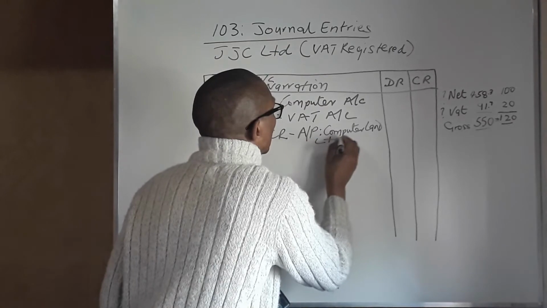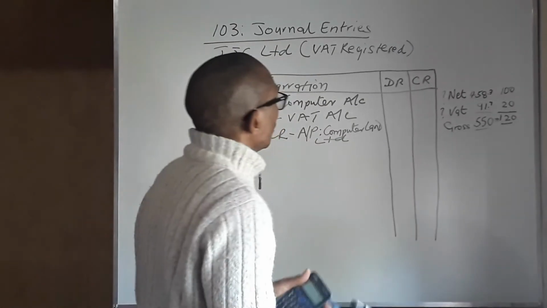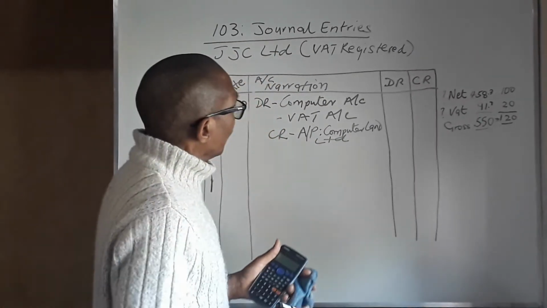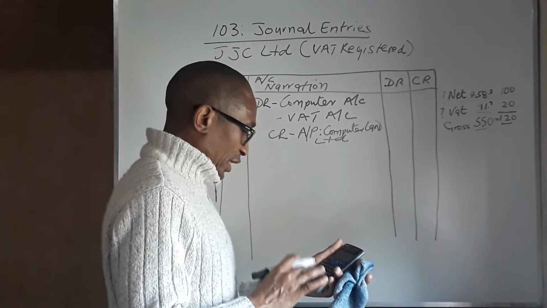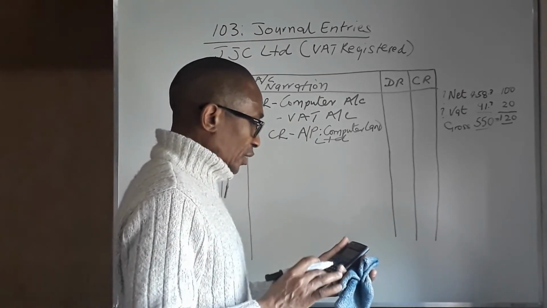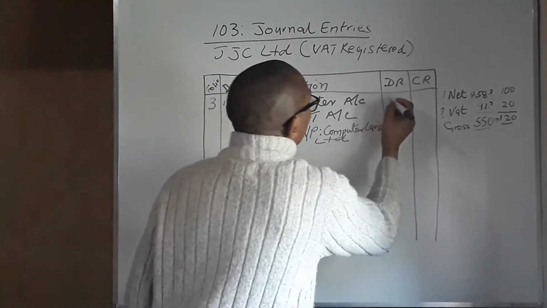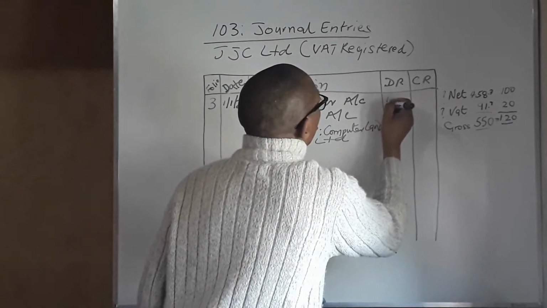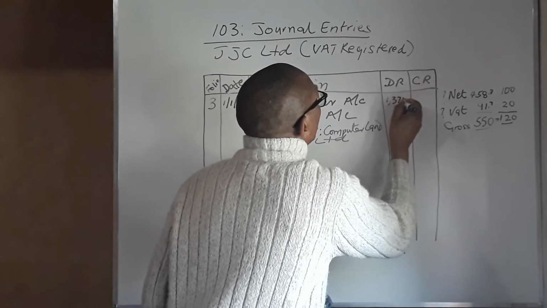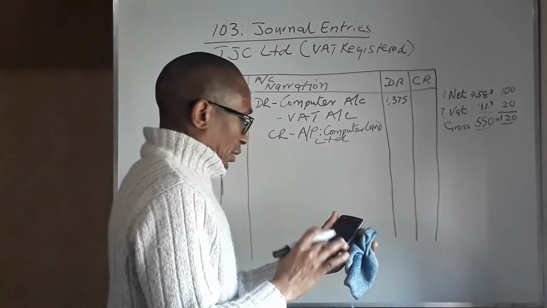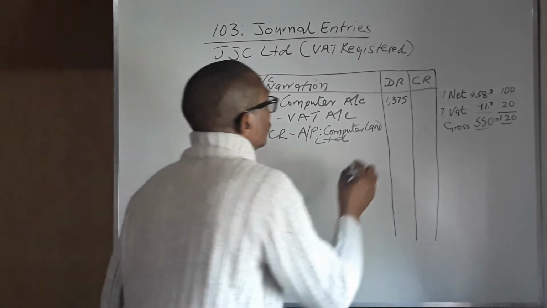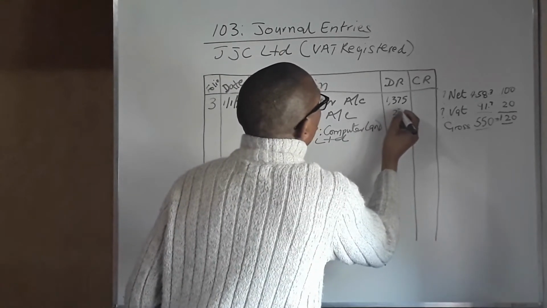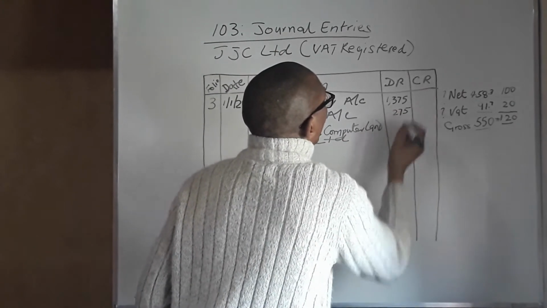Limited will be credited. So the relevant figure will now be the net 458.3 times 3, which is 1375 debit to the computer account. 91.7 times 3 will give us 275, the other part of it, to the VAT account.